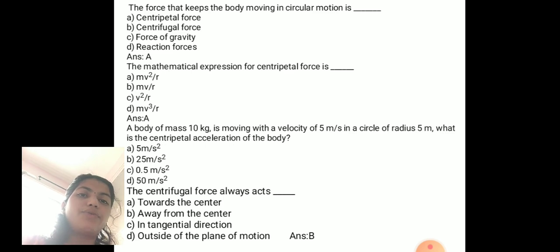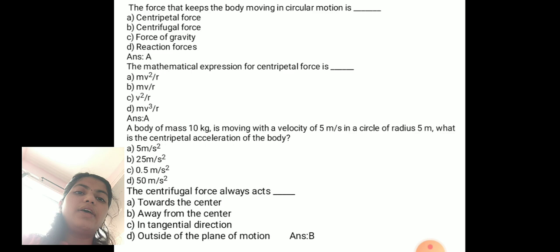Which things are given? m is given, v is given, and r is also given. Then put all these values into the formula m v square divided by r, and the calculated answer is 25 meter per second square.